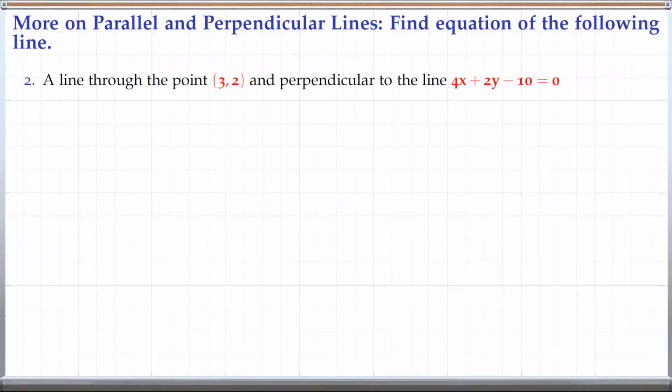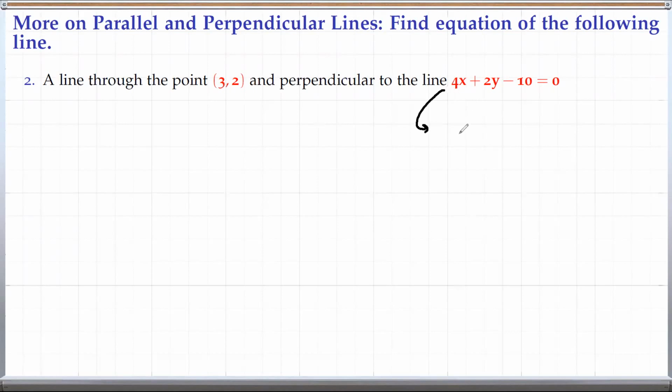Here is the next example. It's very similar to the previous one, but here it talks about perpendicular lines instead of parallel lines. So here we are given this line and we want to find the equation of the line that is perpendicular to this given line and contains the point 3, 2.